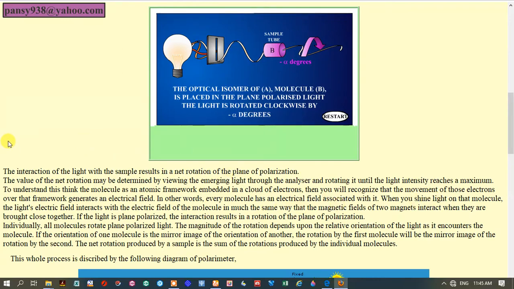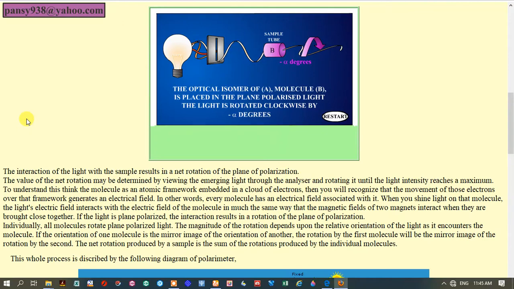Actually, the interaction of light with the sample results in a net rotation of the plane of polarization. The value of net rotation may be determined by viewing the emerging light through an analyzer and rotating it until the light intensity reaches a maximum.